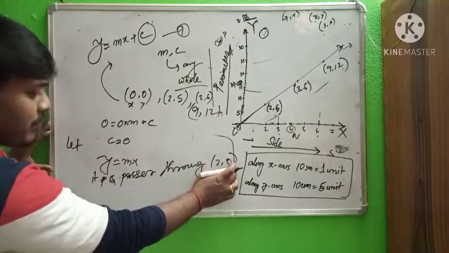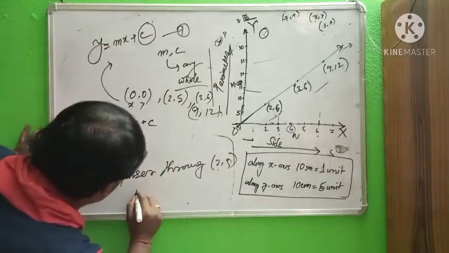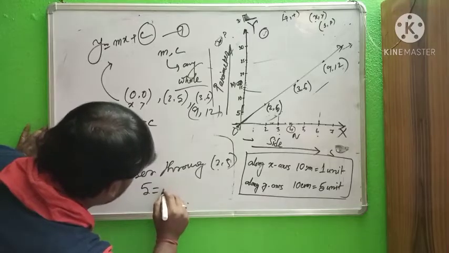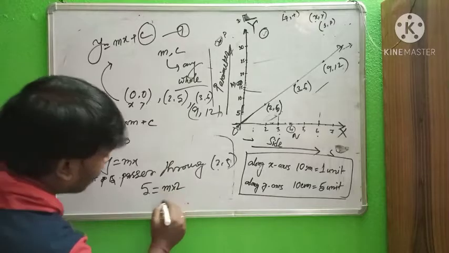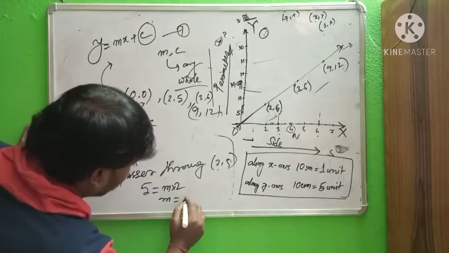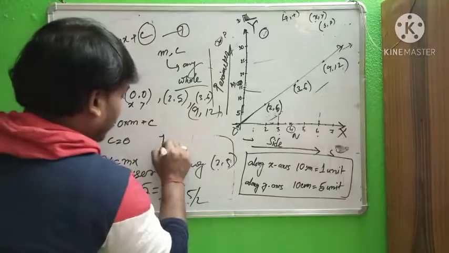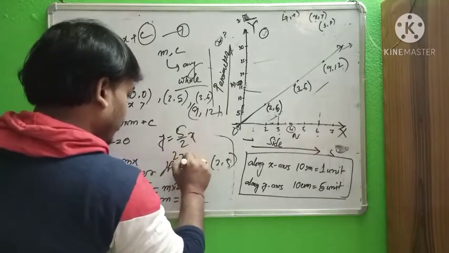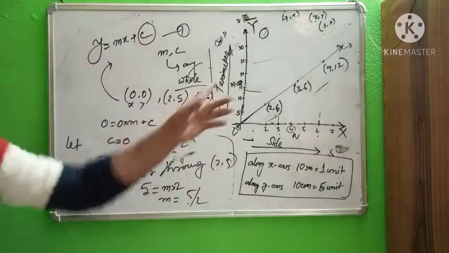So this value satisfies the equation. The value of y equals 5, the value of x equals 2, so 5 equals m into 2, so the value of m equals 5 by 2. So now the equation is y equal to 5 by 2 x, that means 2y equal to 5x. This is the equation of the line.